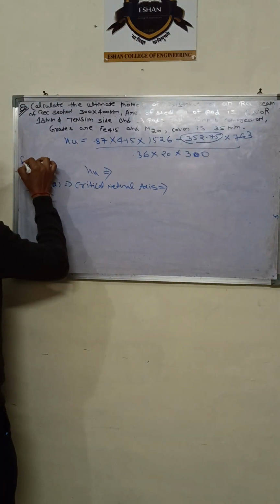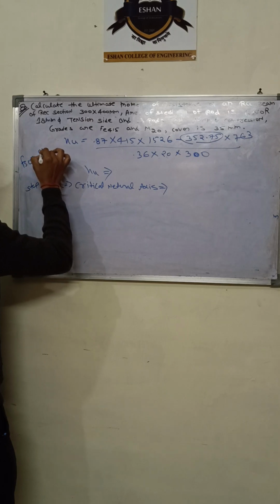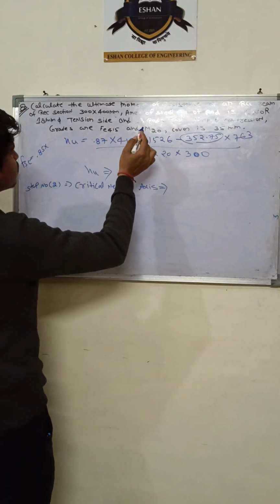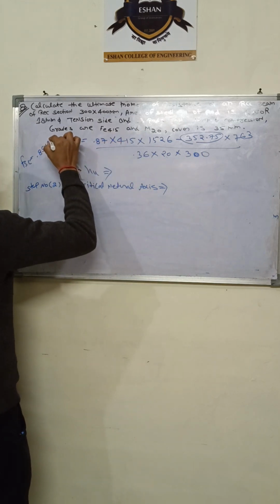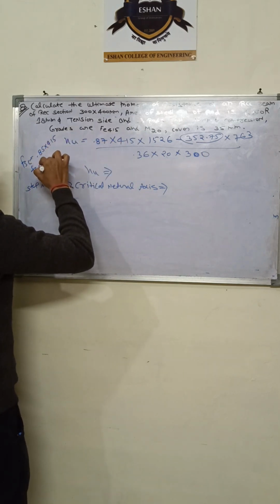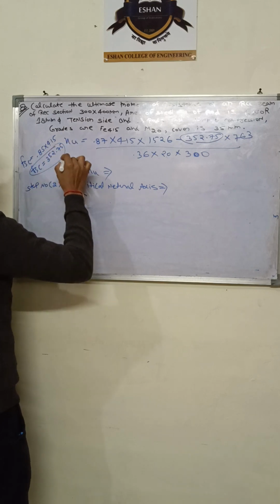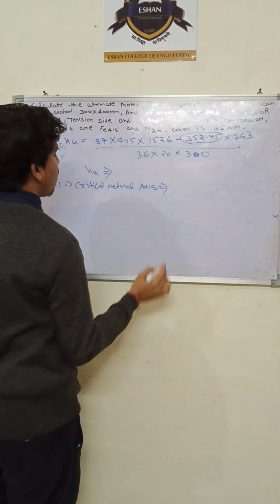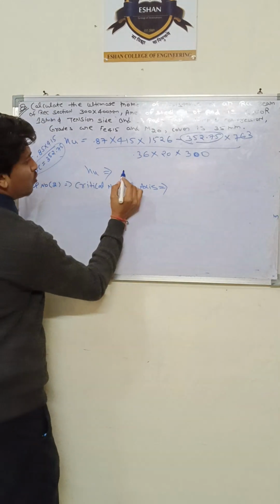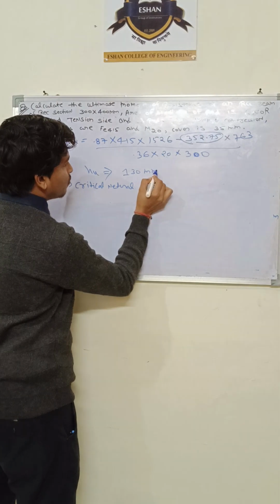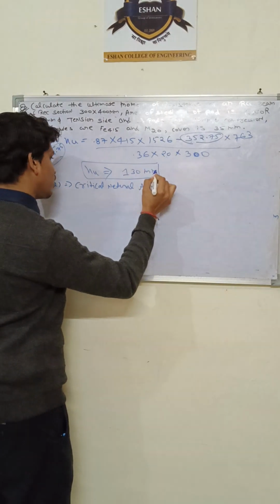This is the formula of fsc: 0.85 into fy, which is given in the numerical as 415. When you multiply this, you get 352.75. When you calculate, you get nearly 132 mm. This is the value of the actual neutral axis.